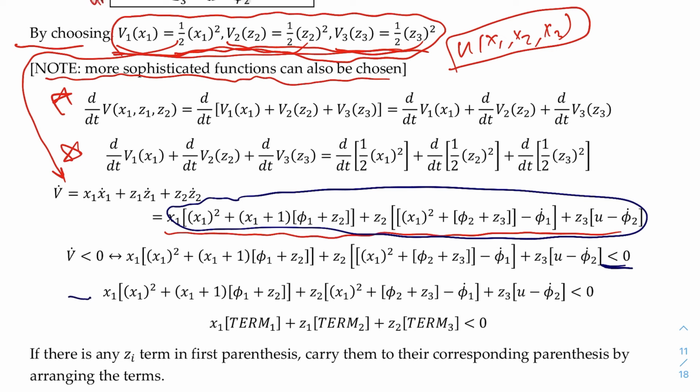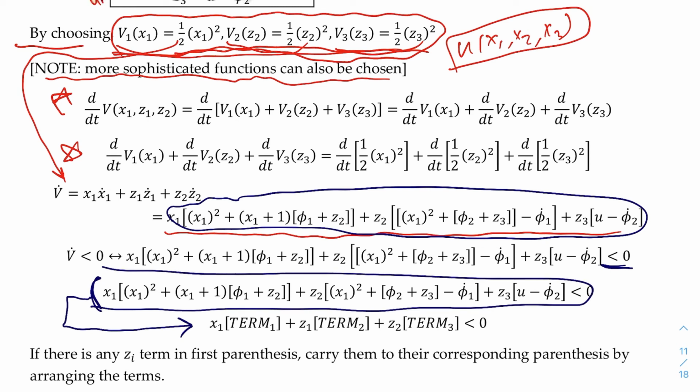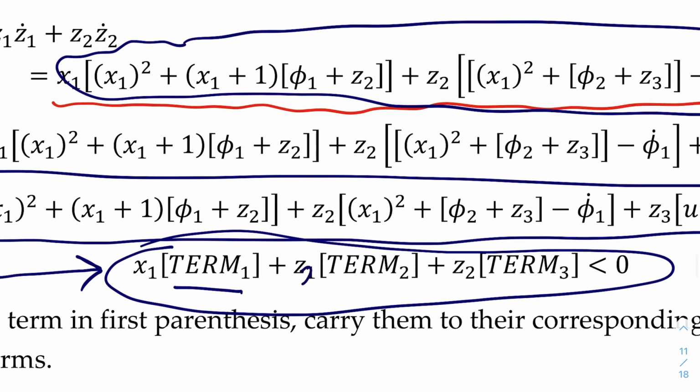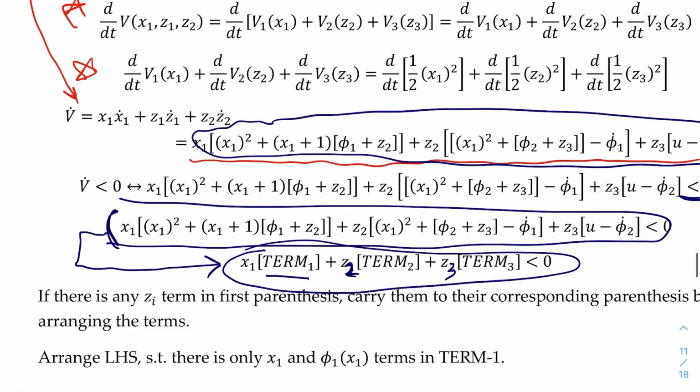And we want to manipulate this expression, this large expression, such that it is written in x1 times term 1, z2 and z3.